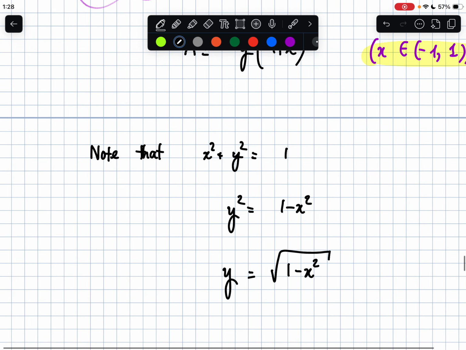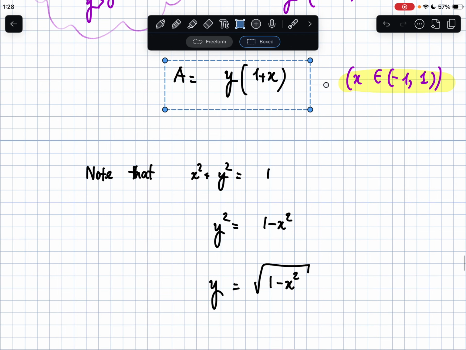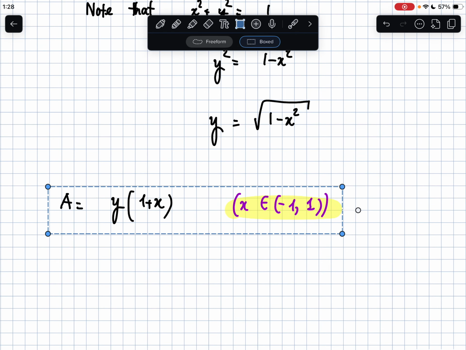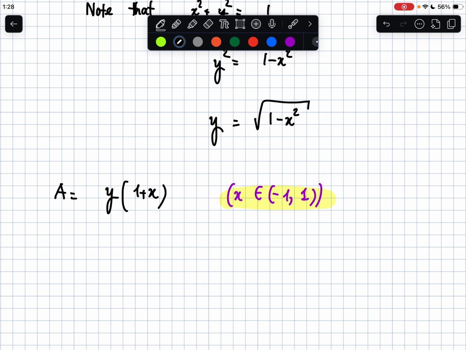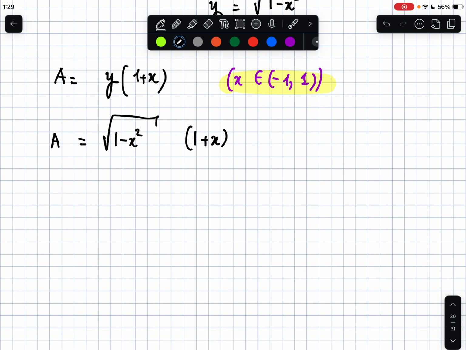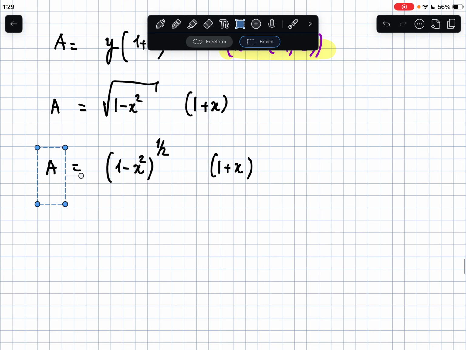So the area then will be the square root of 1 minus x squared times 1 plus x. I can write it as (1 minus x squared) to the 1/2 times (1 plus x), so we need to do a derivative. We need to compute the critical point.